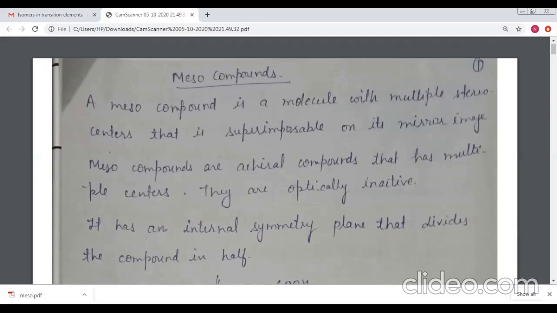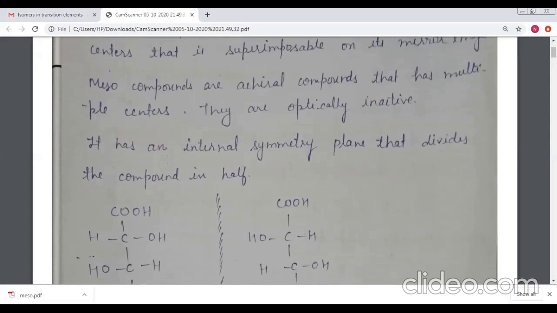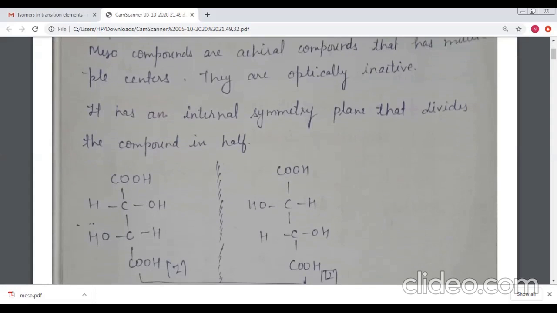So as we know, the meso compounds are achiral compounds that have multiple chiral centers, so they are optically inactive. We have already discussed optically active and optically inactive compounds.